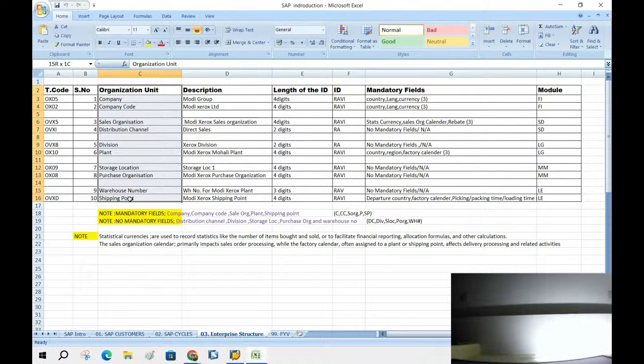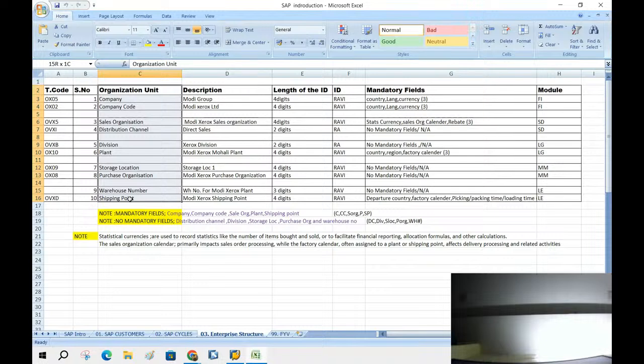We have to define around 10 organization elements. What are they? They are company, company code, sales organization, distribution channel, division, plant, storage location, purchase organization, warehouse number, and shipping point.